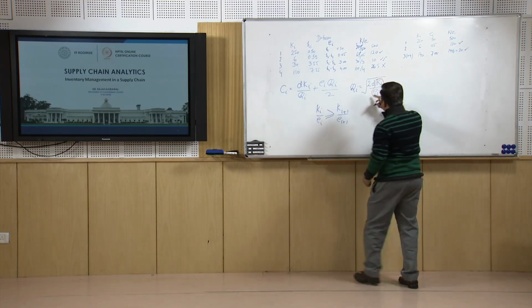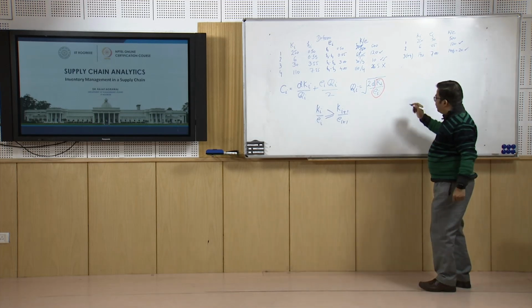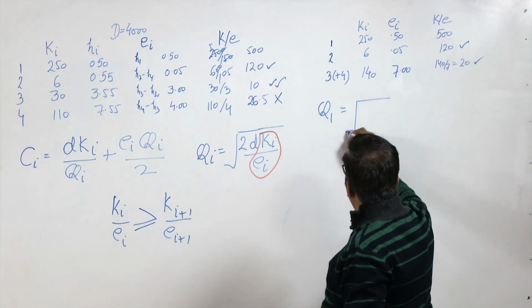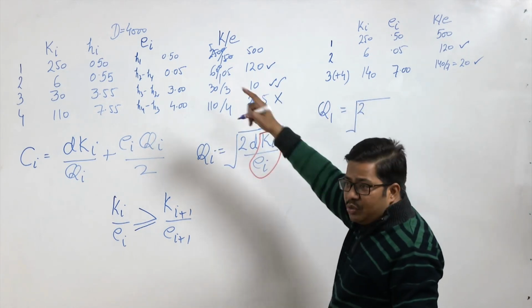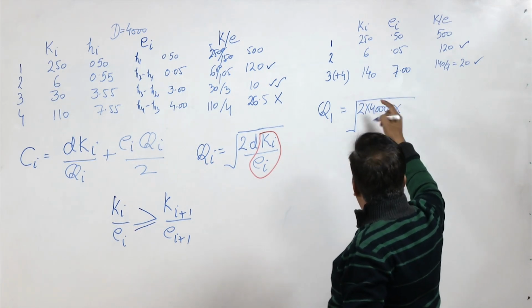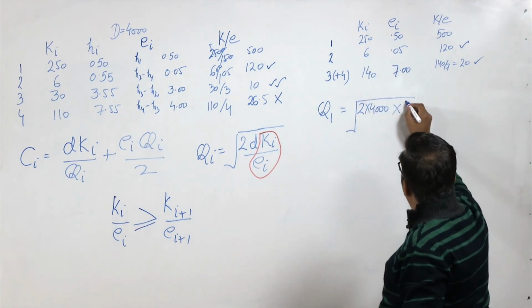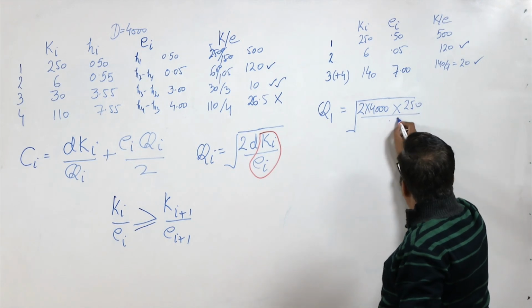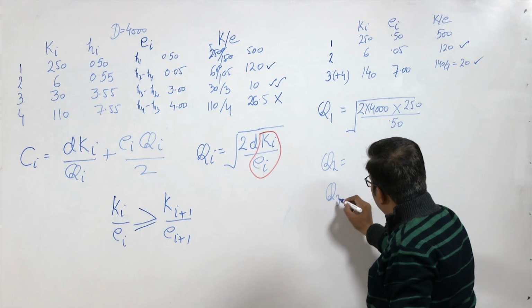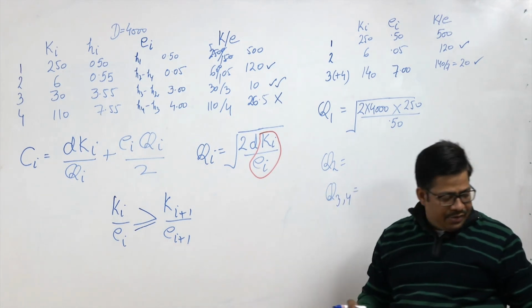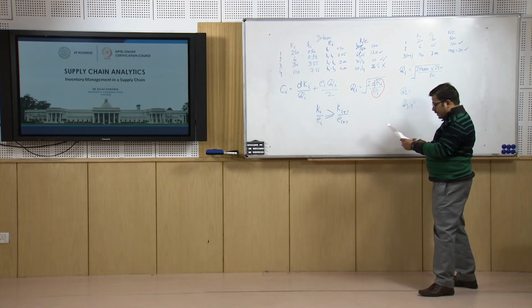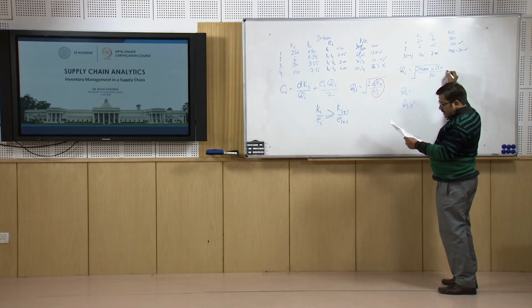So you have this simple formula, and using it you can calculate the value of Q1, which will be under root 2 into D, which is already given to us, that is 4000, into Ki, that is 250 upon 0.50, and so on for Q2 and for Q3 or 4. So you will have these calculations, and they will give you the value of this as 2000.